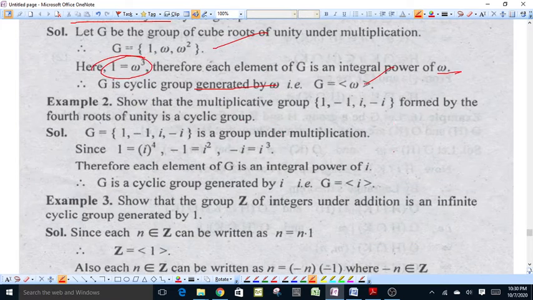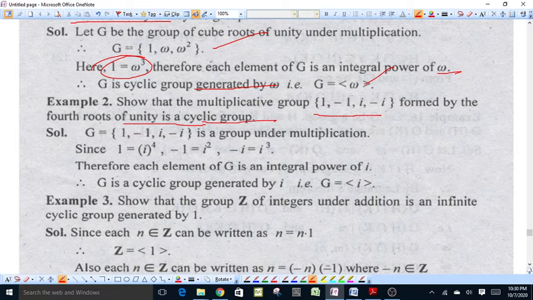Now see second example. In this multiplicative group, 1, minus 1, iota, minus iota is the group formed by the fourth roots of unity.